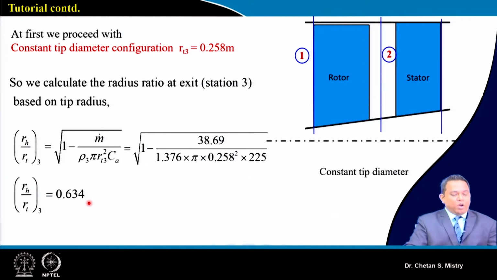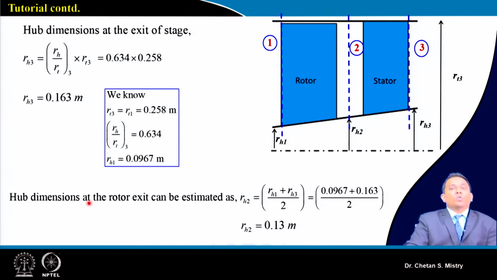Okay, now once this is known to us, we can do our calculation for what our hub radius will be, and my hub radius is coming 0.163 meter. So now you can say at station 1 I know my tip radius and my hub radius. At station 3 I know my hub radius and my tip radius.